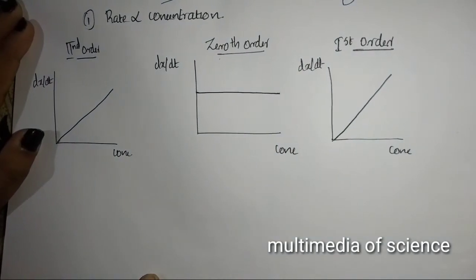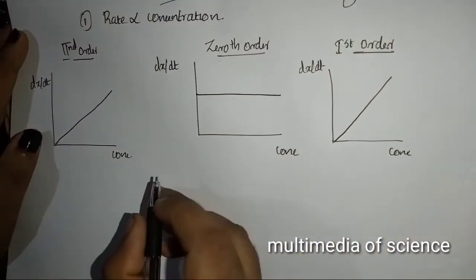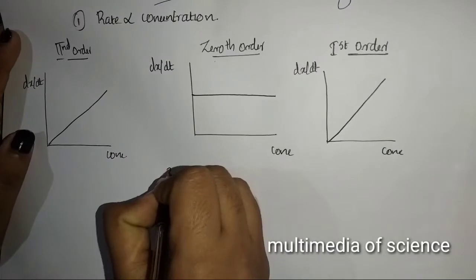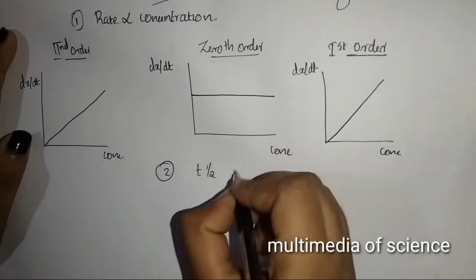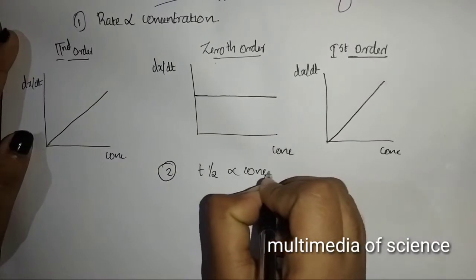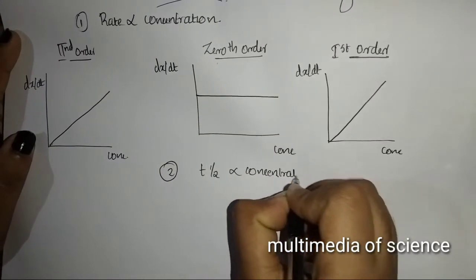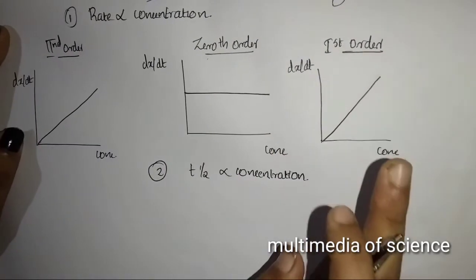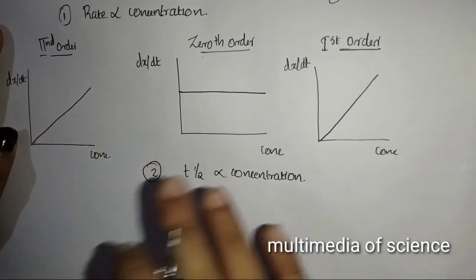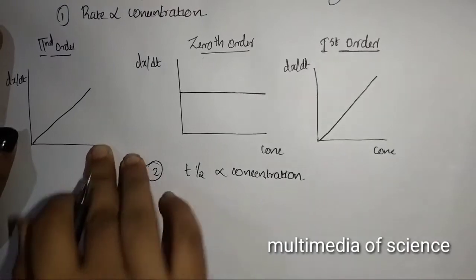Clear? Next we are discussing the graph based on T half. What do you mean by T half? The half-life. So the concentration versus half-life graph is discussed for these three: zeroth order, first order and second order. Clear?